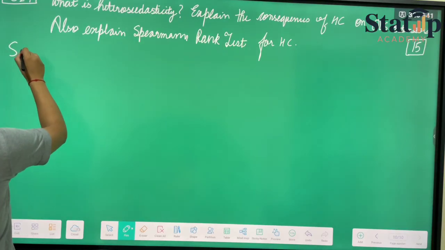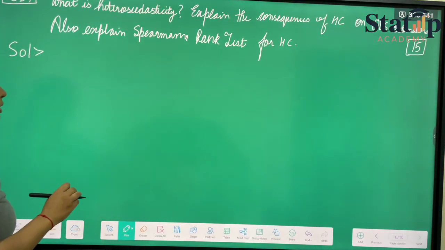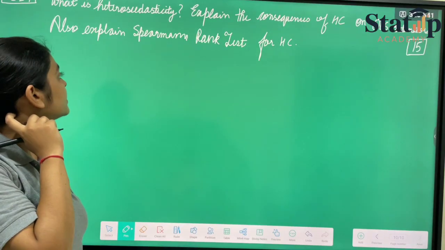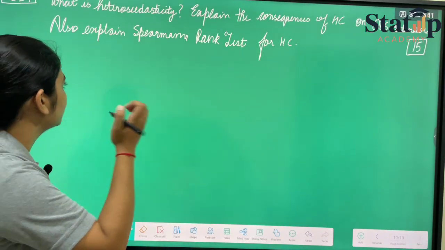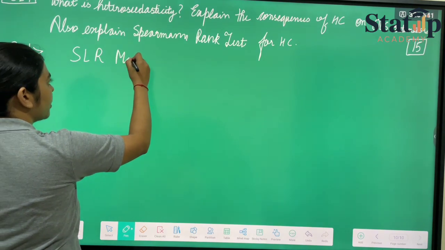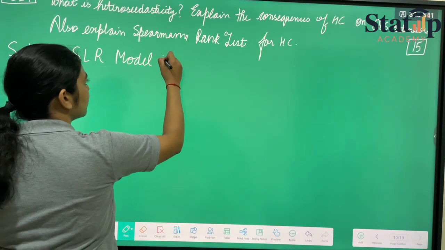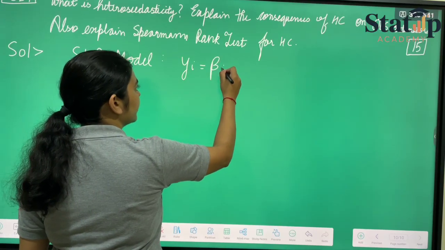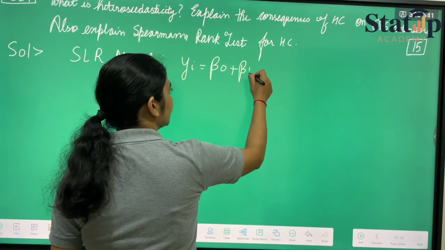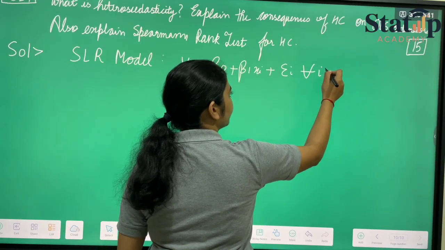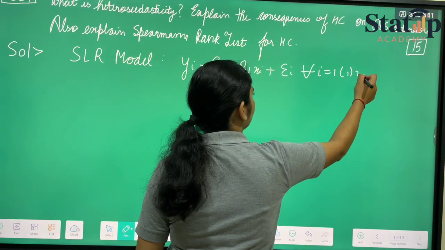So for heteroscedasticity, you have to explain it in the simple linear regression model. Suppose we have taken the SLR model where yi is equal to beta naught plus beta 1 xi plus epsilon i for all i goes from 1 to n.